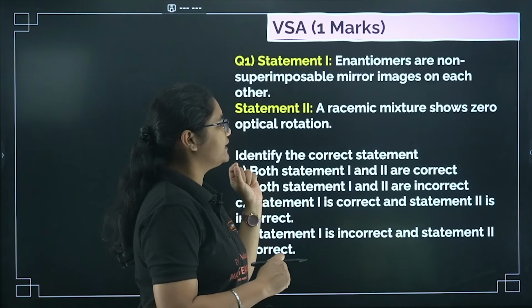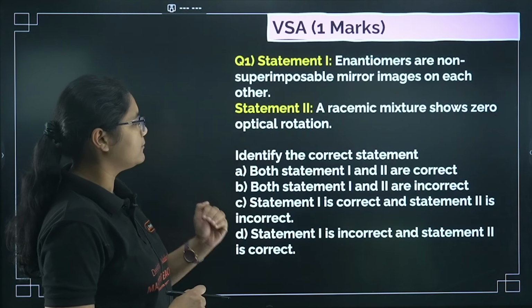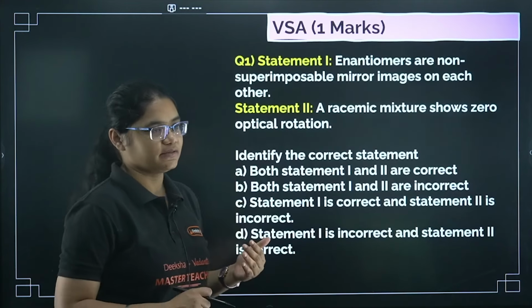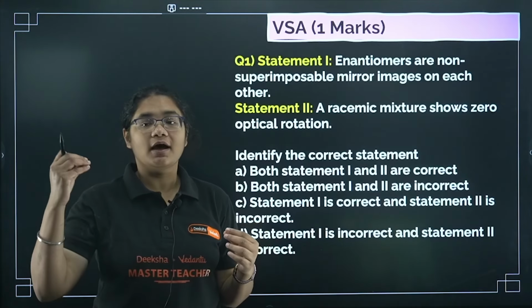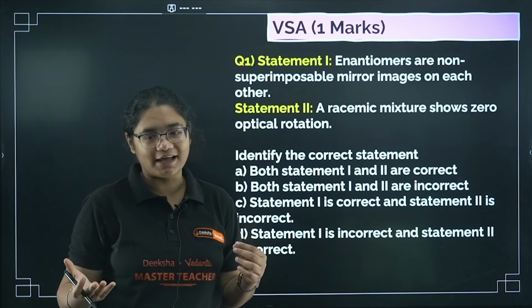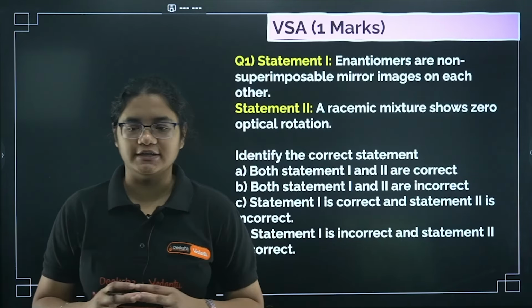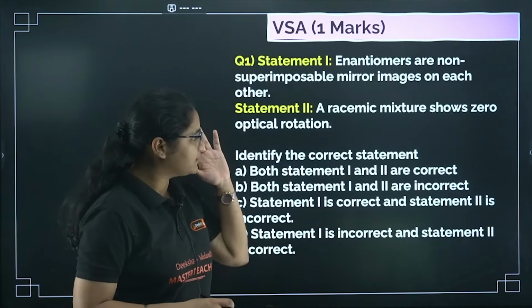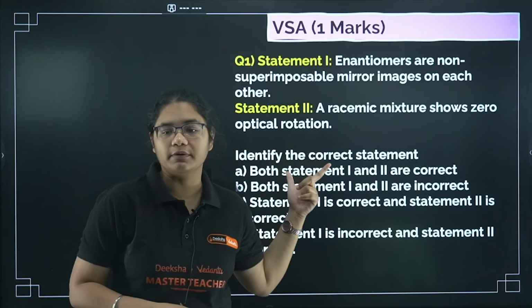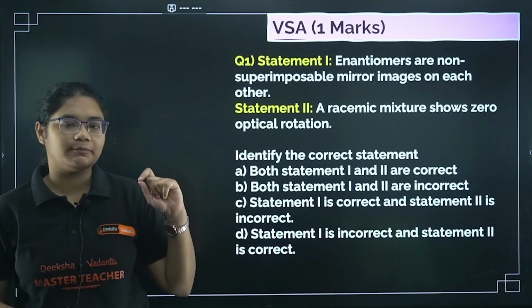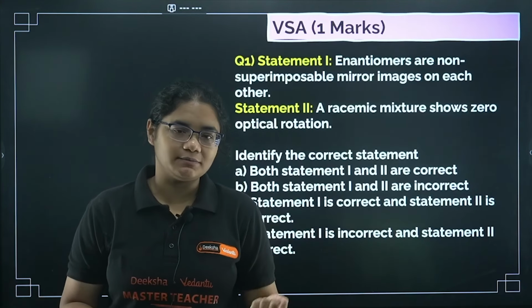Statement number 1 is: enantiomers are non-superimposable mirror images of each other. This is the very basic definition of enantiomers. The next one is: a racemic mixture shows zero optical rotation. Here it is important to understand what a racemic mixture is.